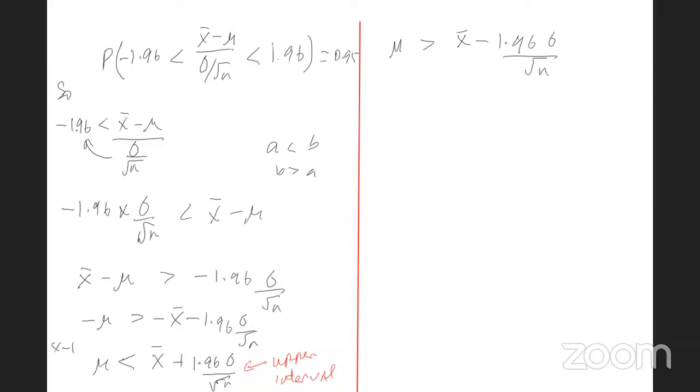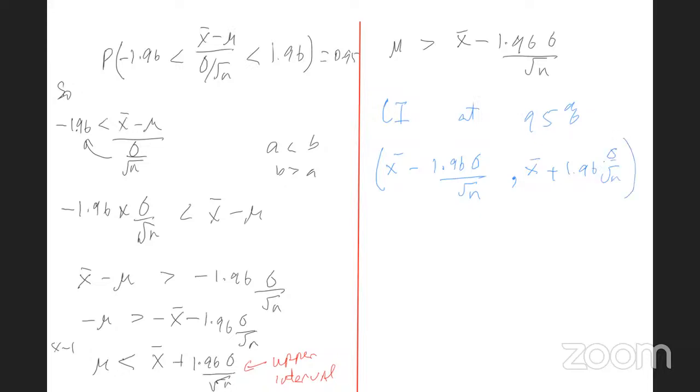So in short, if you weren't paying attention to me, pay attention to me now. In short, the confidence interval at 95% confidence is equal to X bar minus 1.96 sigma on root n, and the upper boundary is X bar plus 1.96 sigma on root n.